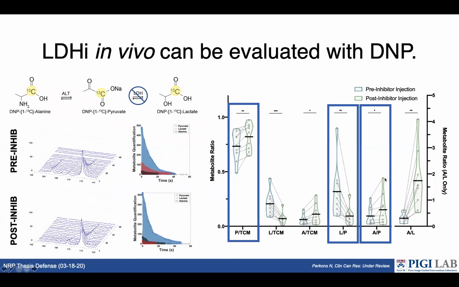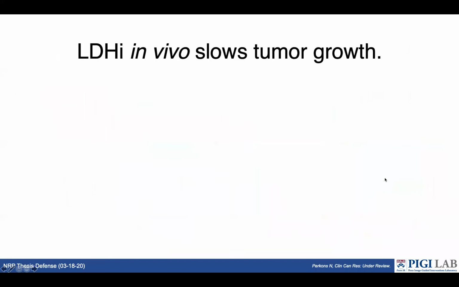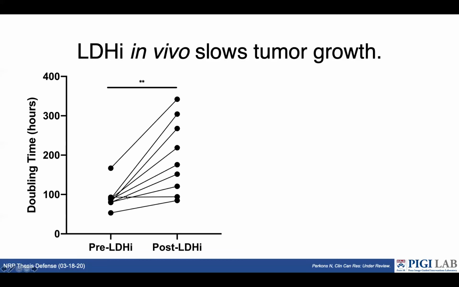So at this point, the next question was, of course, what's the effect on tumor growth? Because we saw in the in vitro setting that LDH inhibition slowed tumor growth. And we, in fact, found that that was also true in this rat model of liver cancer, where the tumor growth rate before versus after giving the drug increased the doubling time, which means that the tumor growth rate slowed.